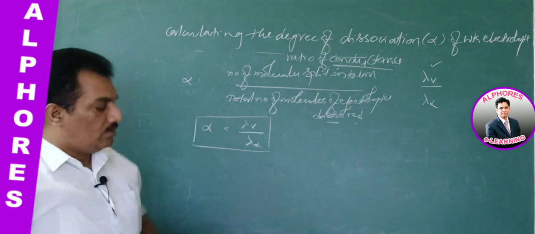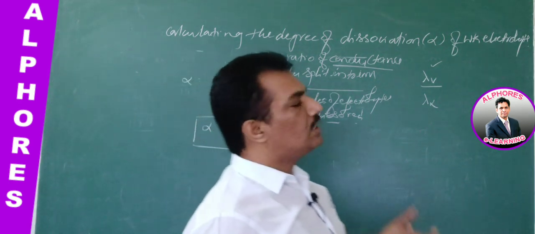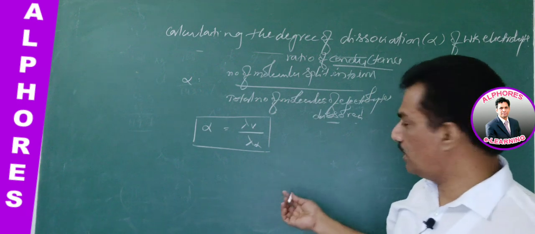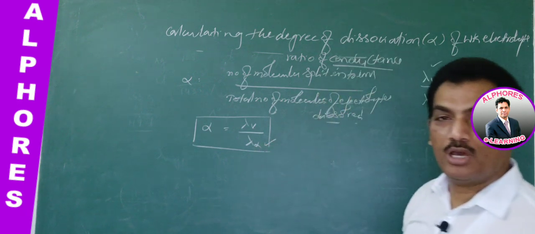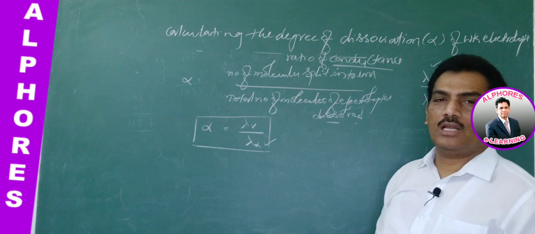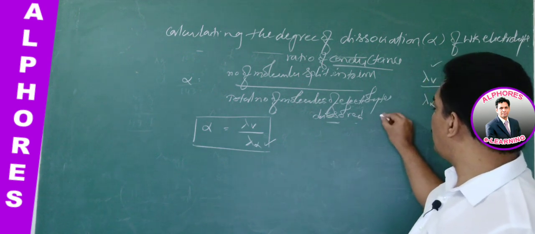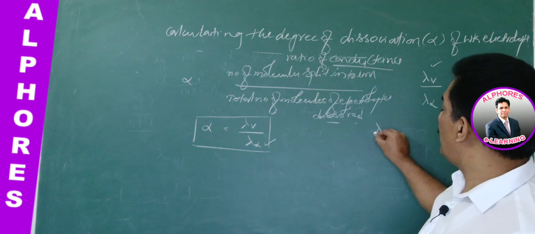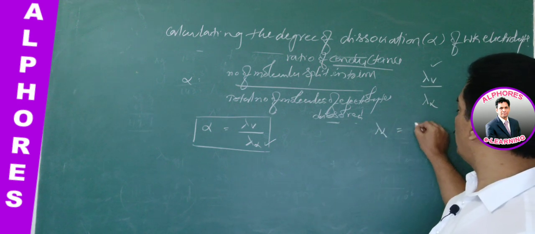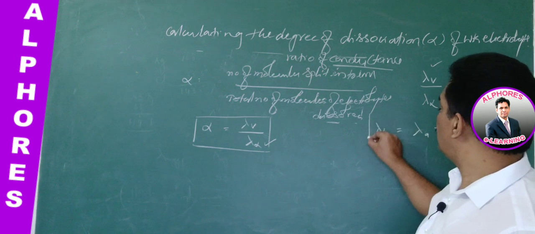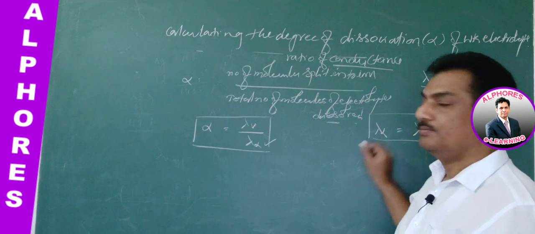And now you may have the doubt, sir, how far it is related to Kohlrausch law? It is nothing but again we have this lambda infinity. For any electrolyte, irrespective of the strength of that electrolyte, the conductance at infinite dilution of an electrolyte is equal to the conductance of the component ions present in that solution.